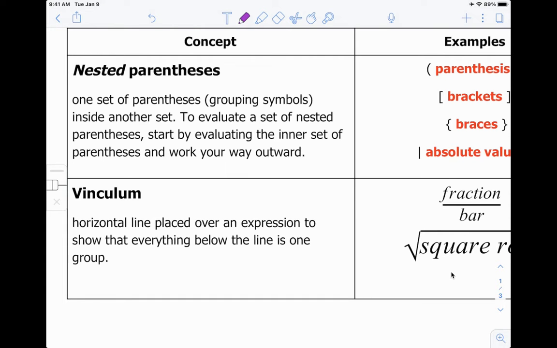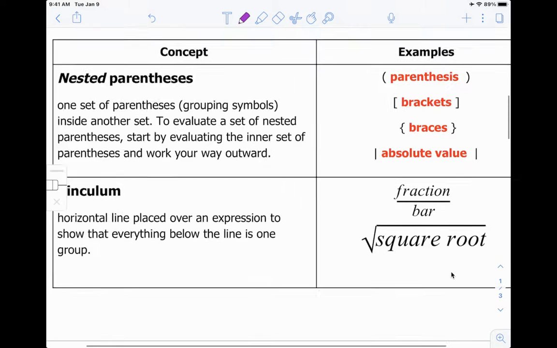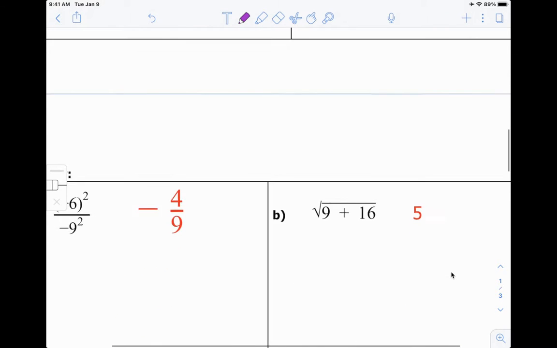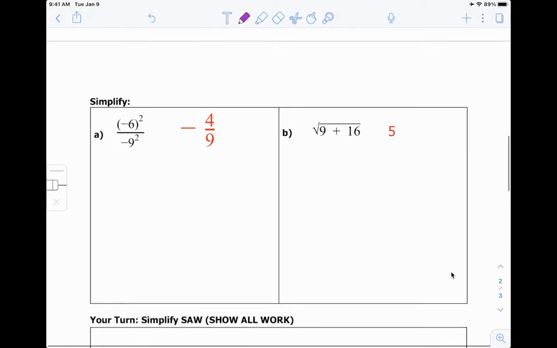And then other grouping symbols are vinculums. And so a vinculum is a horizontal line that's placed over an expression to show that everything below the line is in one group. So a fraction bar is an example of that, as is the square root symbol.